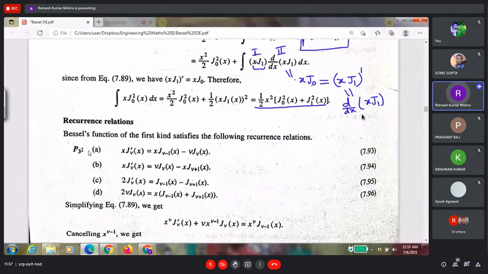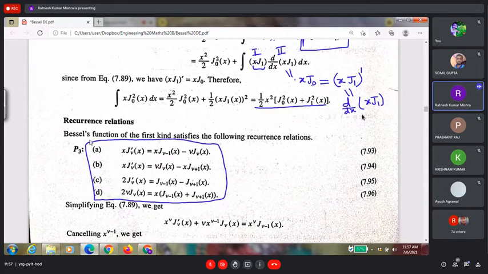Now these are the recurrence relation, as like the Legendre differential equation. Now in this case also we can find the recurrence relation. So how we will prove this recurrence relation?